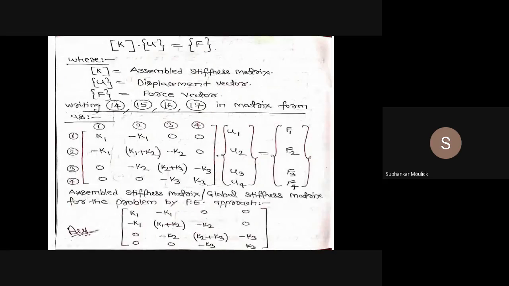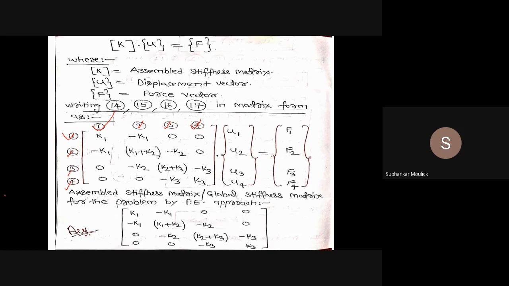So let us write it down. Let us encircle these values: 1 2 3 4, 1 2 3 4. These 1 2 3 4 represent the nodal points present in the problem.